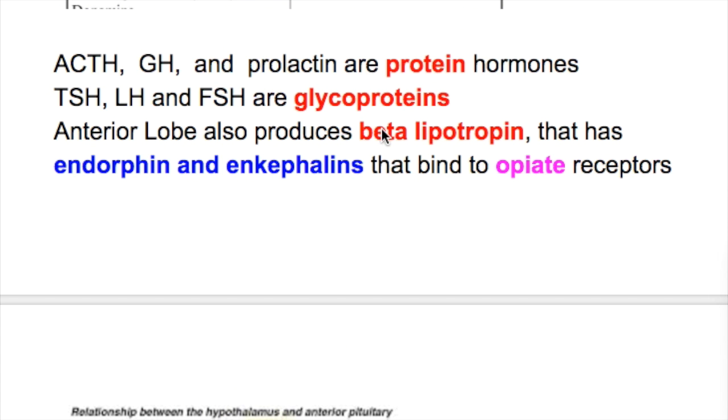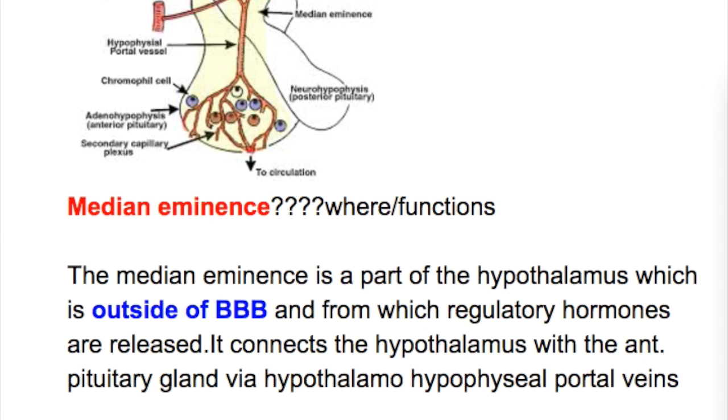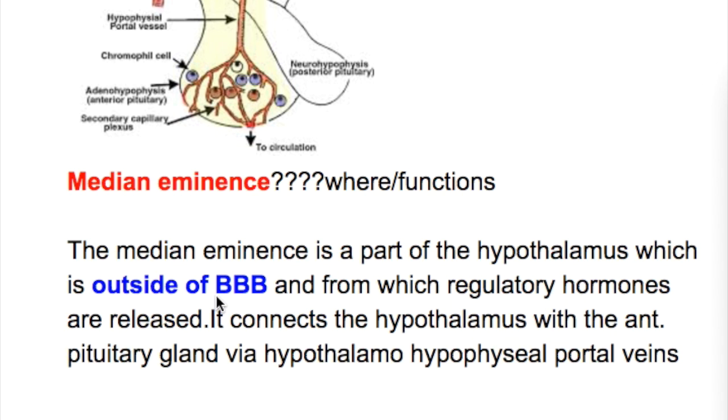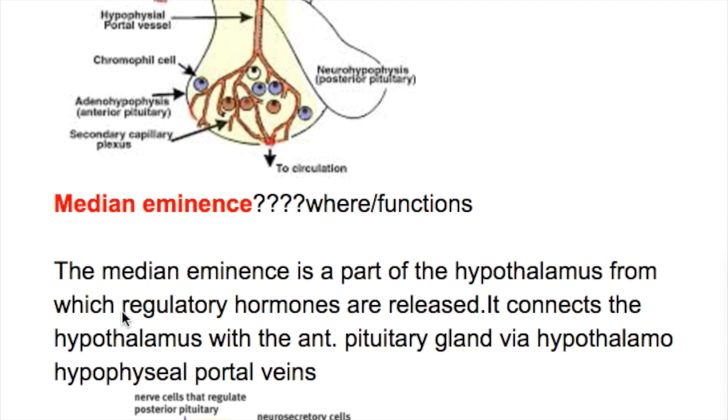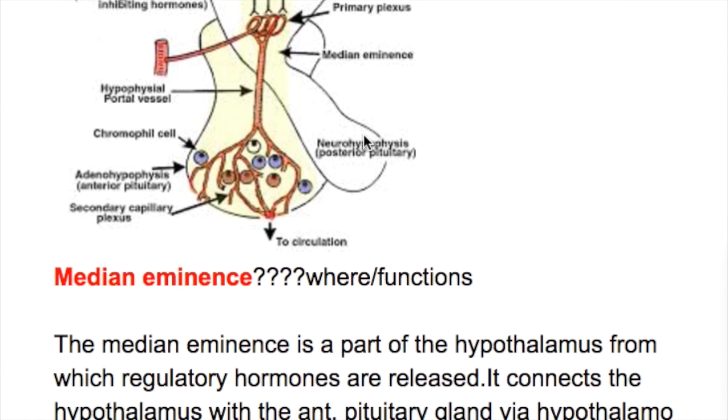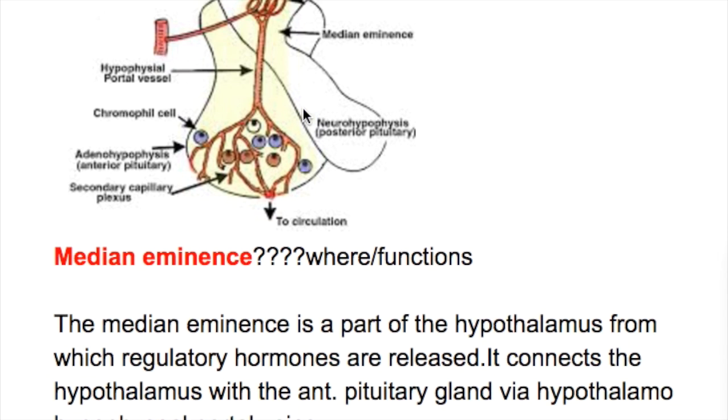And what's the median eminence? The median eminence is a part of the hypothalamus which is outside the blood-brain barrier and from which regulatory hormones are released. It connects the hypothalamus with the anterior pituitary gland via the hypothalamo-hypophyseal portal vein.